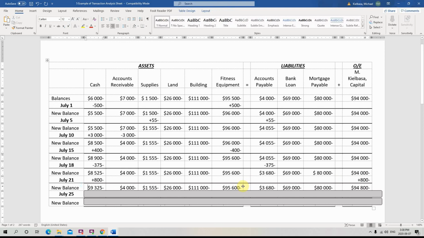And the last one, July 25th, we buy $3,000 worth of equipment. We pay $2,000 cash and put the rest on account.